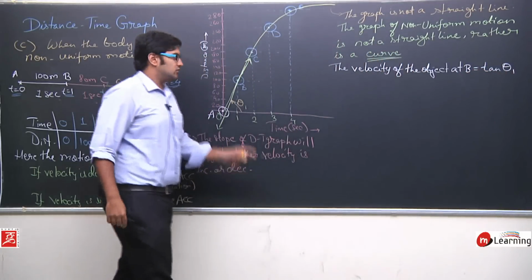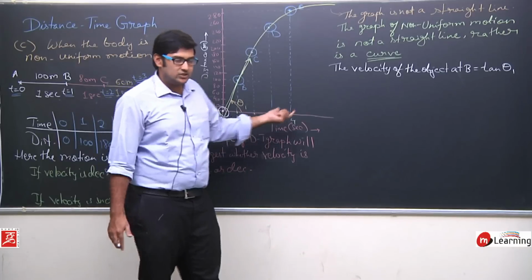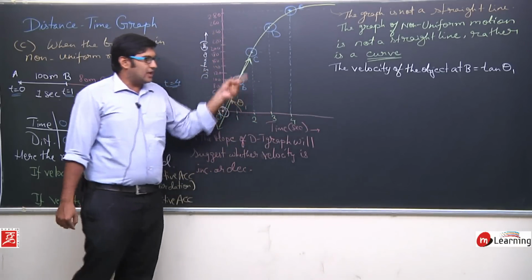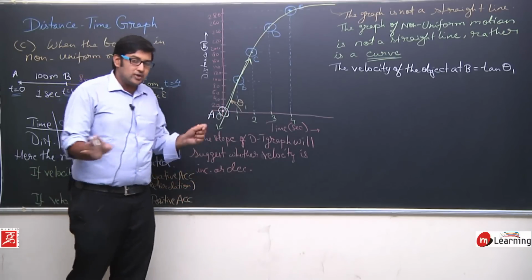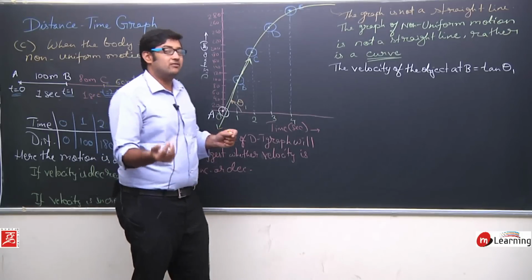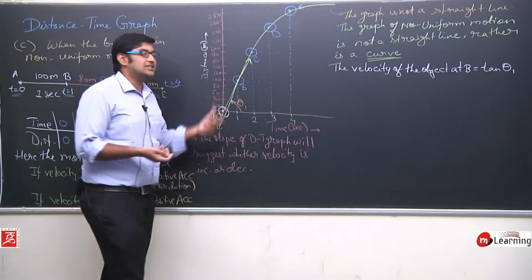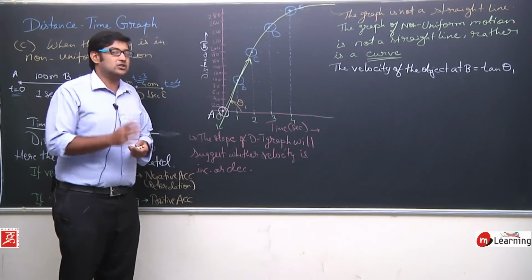Okay, the velocity of the object at point B will be tan of theta 1. It's very easy to understand. We discussed this in the previous case. Now we have calculated the velocity at point B. This is tan theta 1. We need not calculate the exact numerical value. This is just for the understanding, just for the concept that we have to understand. Don't go for the calculation, just focus on the concept.